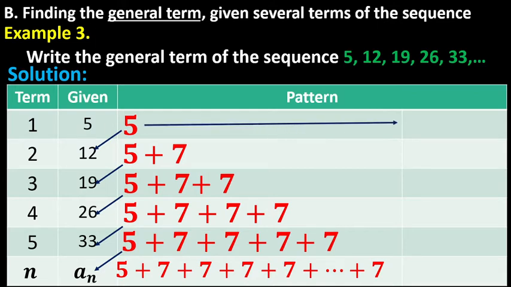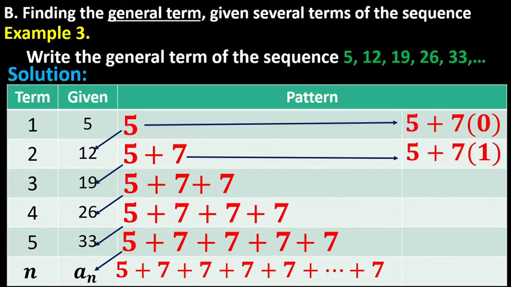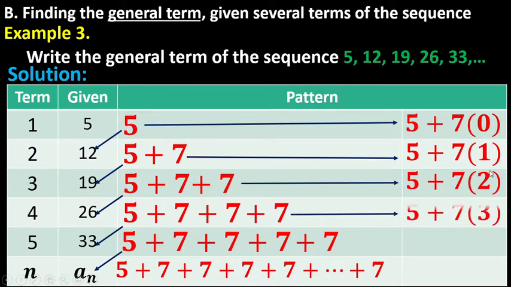Let's observe again the pattern. Yung pattern natin, unang nag-start ka sa 5, dahil alam mo na magpa-plus ka ng 7 para makuha mo yung 12, ang 7 na ginamit mo dun sa 5 ay wala. Wala kang ginamit. Okay. Dito ay isa. Yung 19, ilang 7 yon? Dalawa. Yung 26, ilang 7 yon? Tatlo.